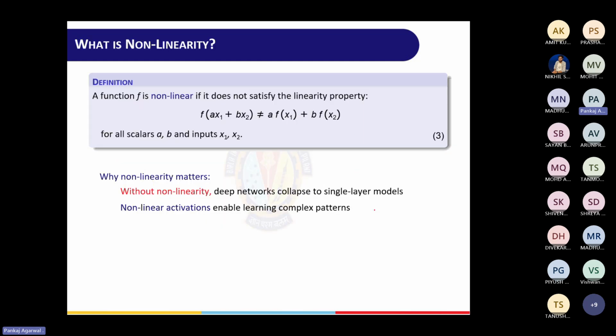So what is non-linearity? We talked about this before. I gave you this thought process much earlier, right? A function f is nonlinear if it does not satisfy the linear property. Why does non-linearity matter? Because deep networks collapse to single layer models without it; non-linear activations enable learning complex patterns.